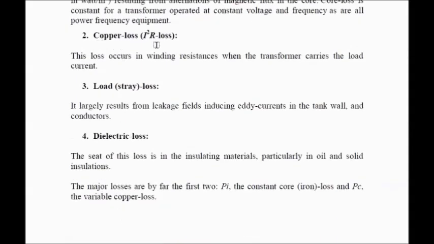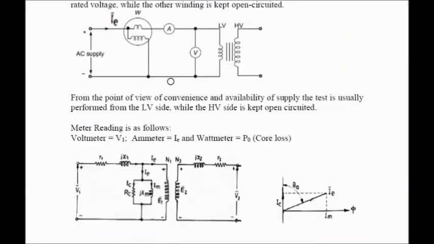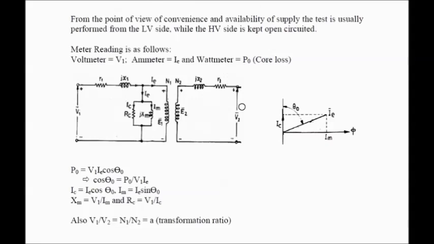Then comes copper loss. Copper loss is basically I square R loss. So consider a transformer where I have load here. So I have load here, and here current I1 is flowing, here current I2 is flowing. So copper loss in this case will be I1 square R1 plus I2 square R2.